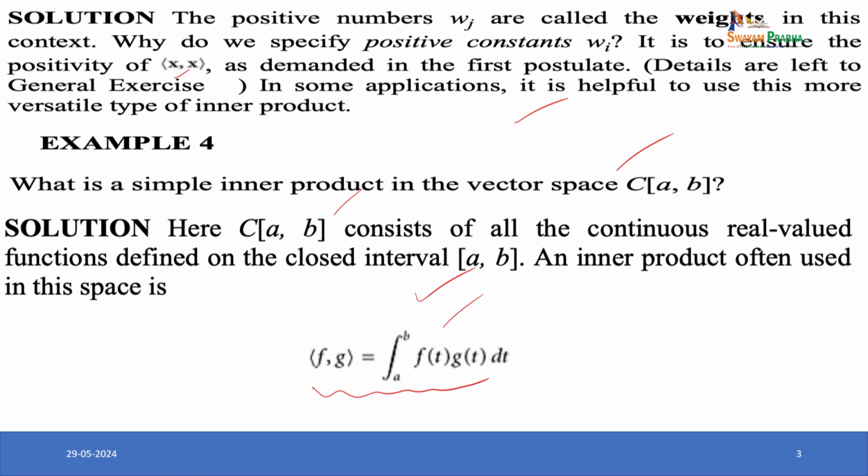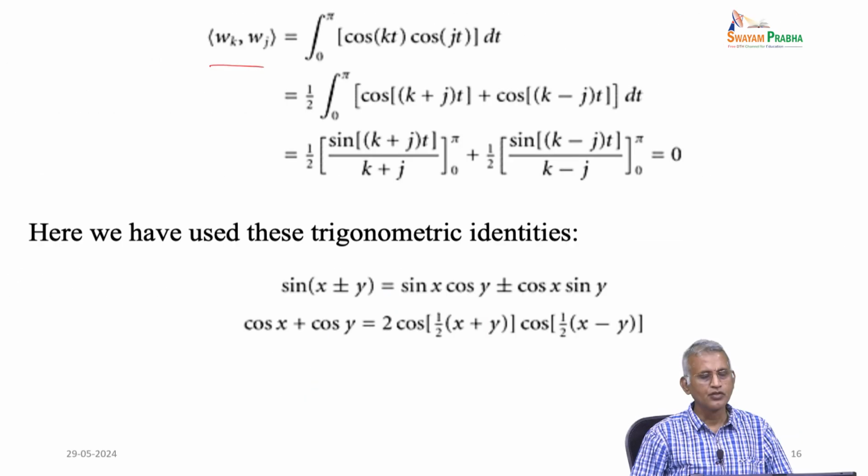This is the integral representation of the inner product: the inner product of f and g is equal to the integral from a to b of f(t) g(t) dt. So, using the definition of the inner product of wk and wj, we have the integral from 0 to pi of cos kt times cos jt dt.